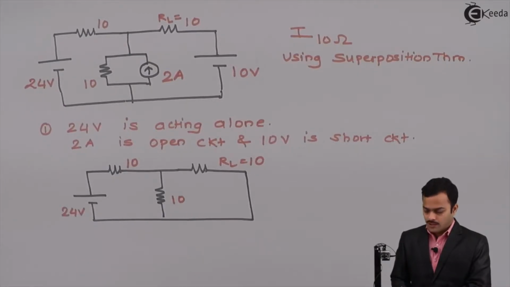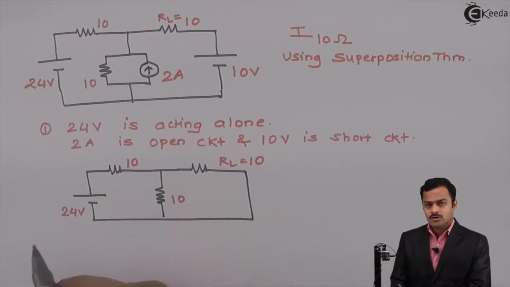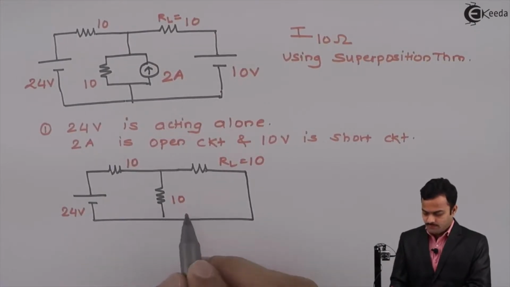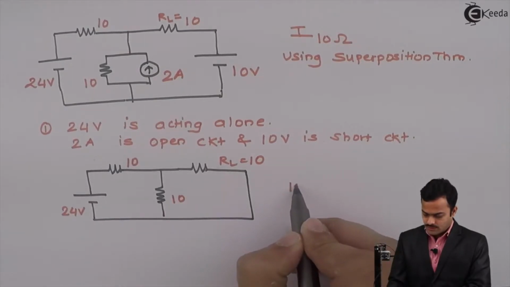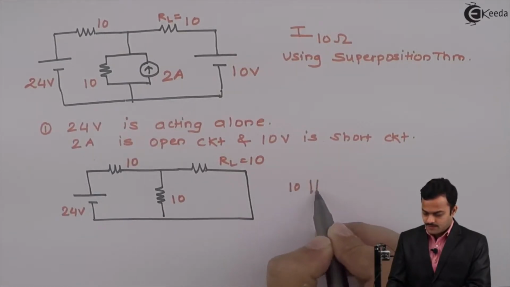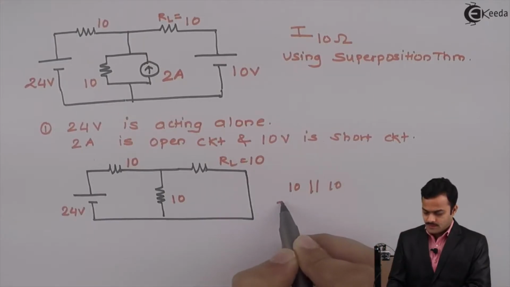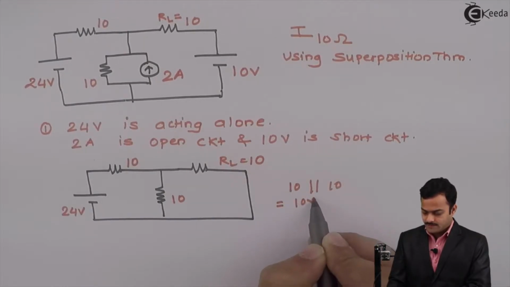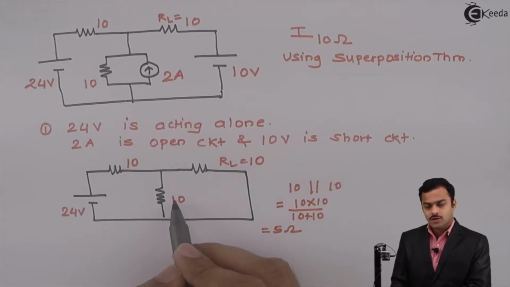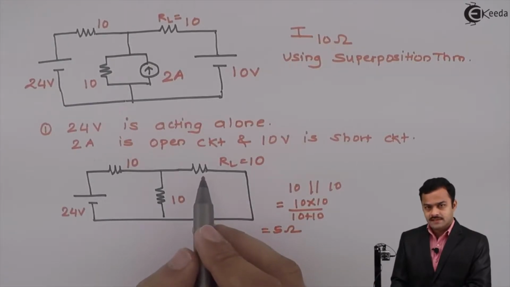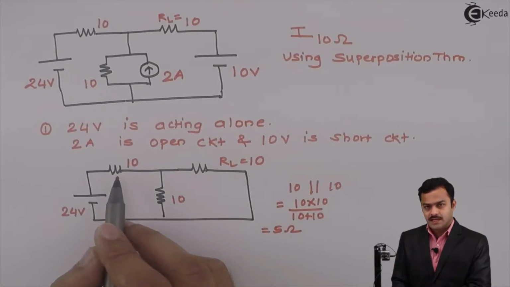So what I will do, I will consider a reduction of a circuit. So these 10 ohm are in parallel. So 10 parallel 10, I will get 10 multiplied by 10 divided by 10 plus 10. So 5 ohm will be the resultant of these two resistances, which will come in series with this 10 ohm.